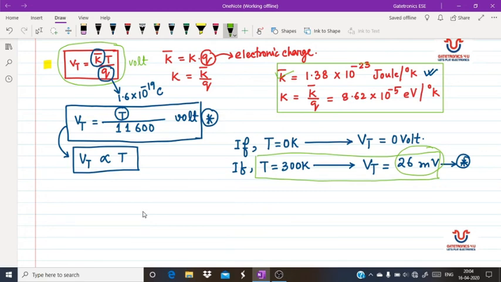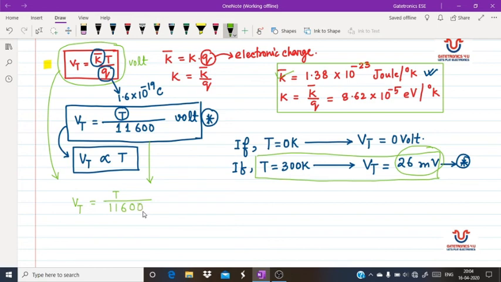Now if we see the equation of the thermal voltage, Vt is equal to capital T, or temperature, divided by 11,600.